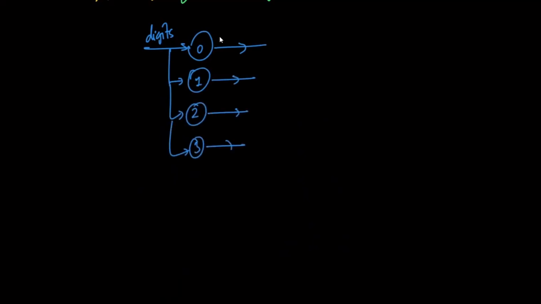Digits start with 0. Digits can also be 1, 2, 3, and 4.